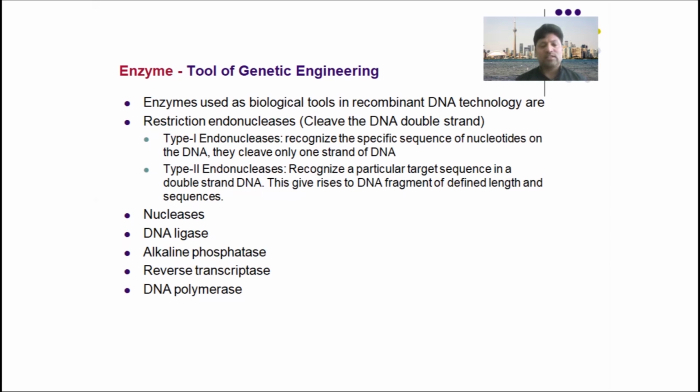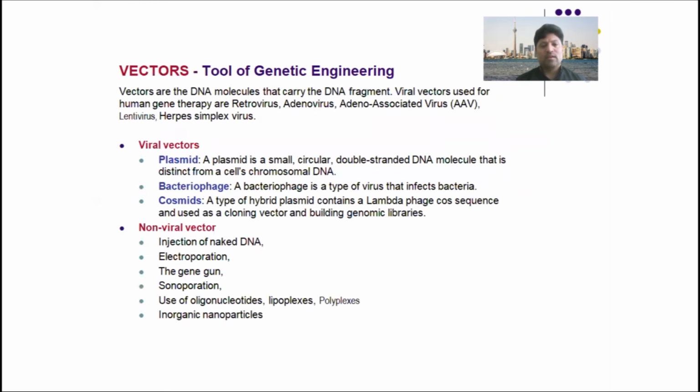Alkaline phosphatase, then a reverse transcriptase that converts RNA into DNA, then DNA polymerase, to produce copies or clones of the DNA. Vector. The vector is the second component of genetic engineering or gene editing. Vectors are DNA molecules that carry the DNA fragments.